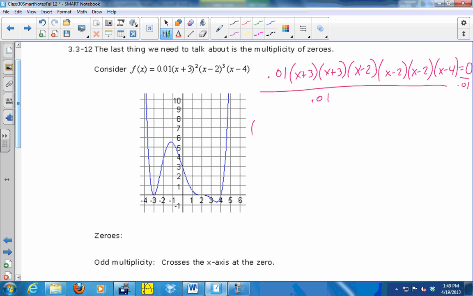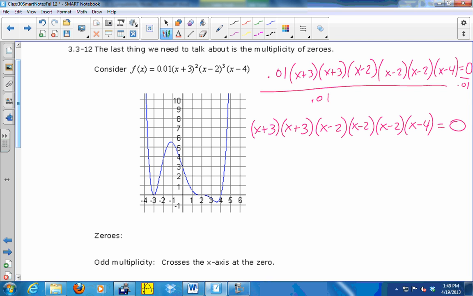And I'm going to be left with 1, 2, 3, 4, 5, 6 linear factors, which means how many zeros, what's the degree of that polynomial?